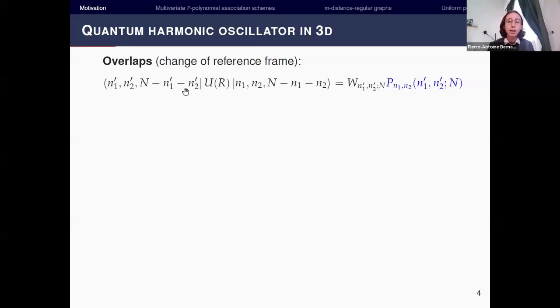I won't go into the details of the derivation, but what is important is that even in this very simple setting, where I need to find the entries of this matrix, I already find quite complicated and interesting functions. Here, what you find is a product of a weight times a polynomial in blue.